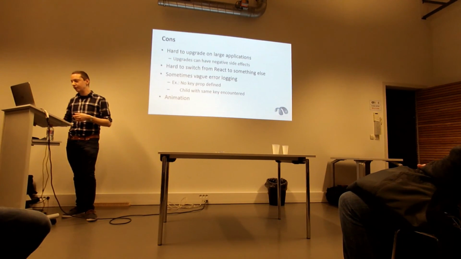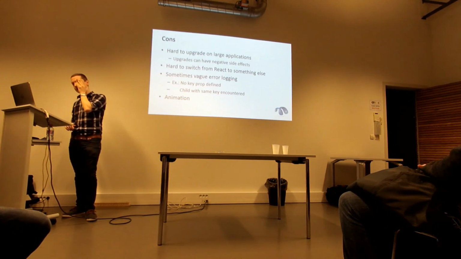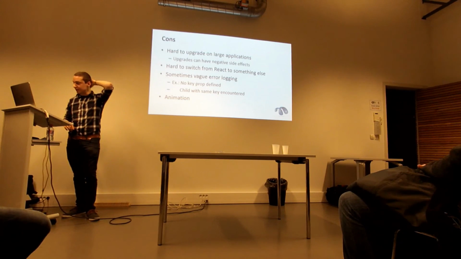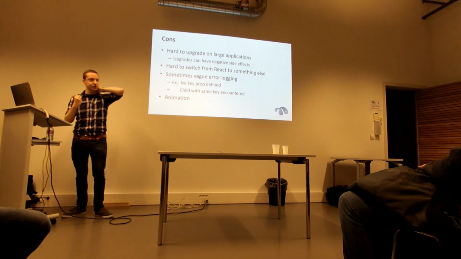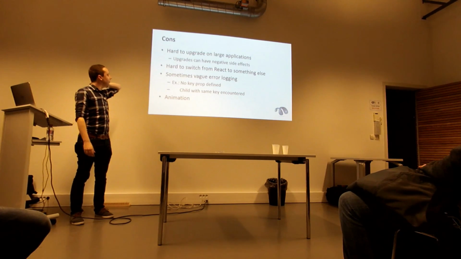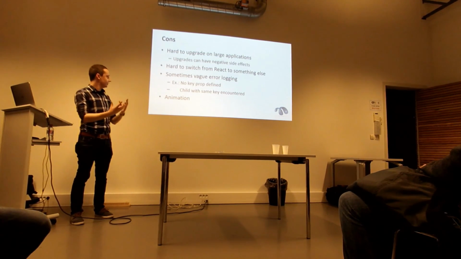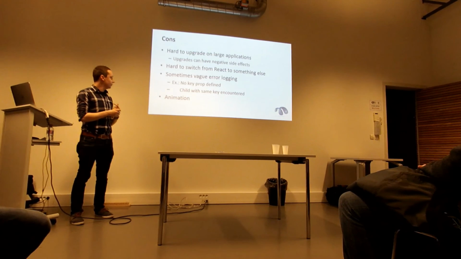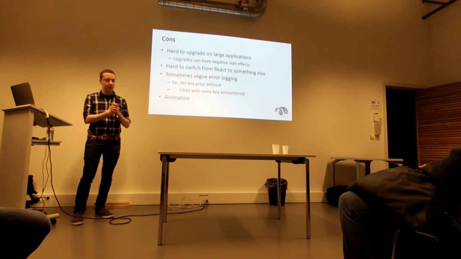And then, final but definitely not least, is the animation. As soon as we started implementing React, we found out that animation was one of the things which were definitely missing from the framework or from the library itself. And the way we manage that is, if you remember in my previous slide, I pointed out that we use jQuery for animation.